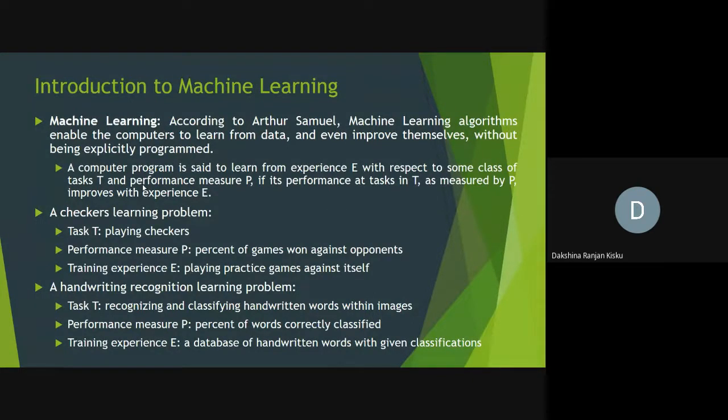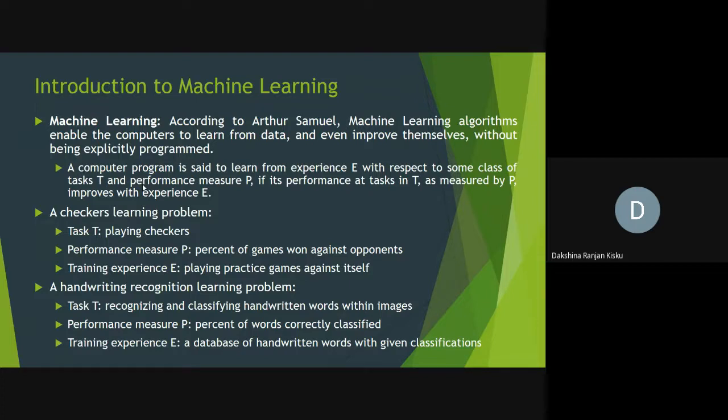However, according to Arthur Samuel, the definition of machine learning can be better understood by these entities: experience E, task T, and performance measure P.